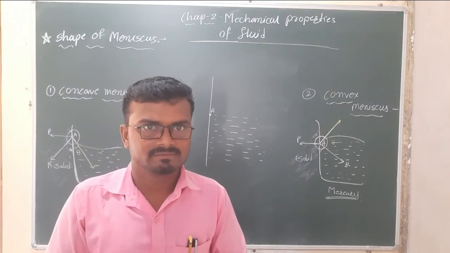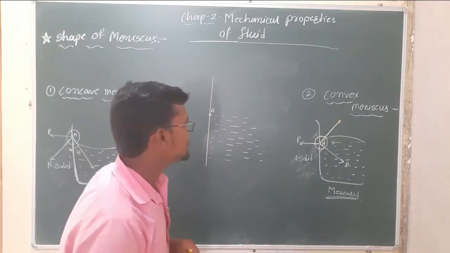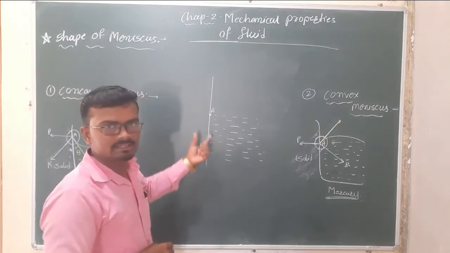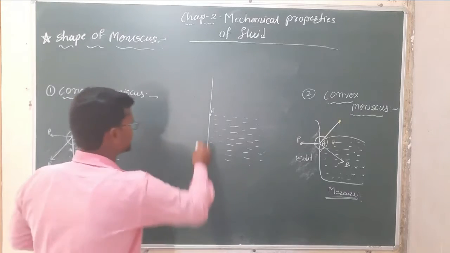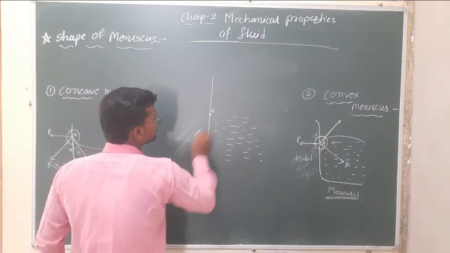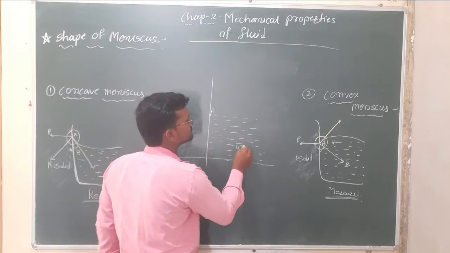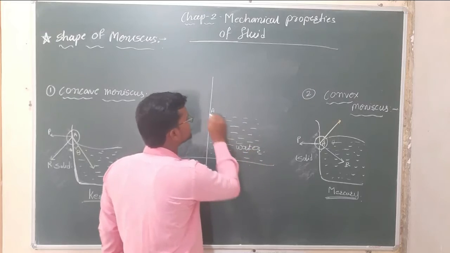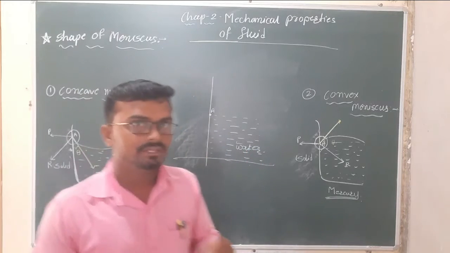Why is that meniscus a plane? Let us see the reason behind that. Take water inside the jar, inside the glass beaker. Here is the solid. Here is the water. And this molecule A is of water, but it is in contact with the solid.